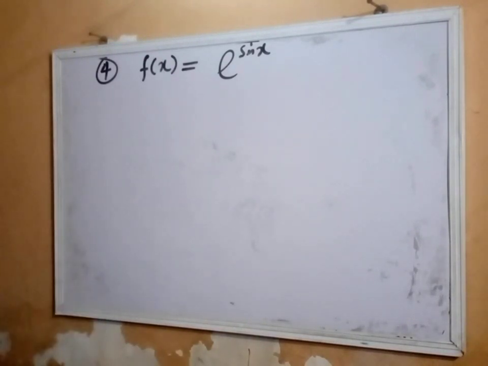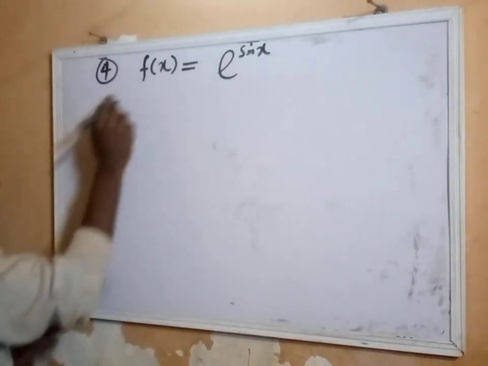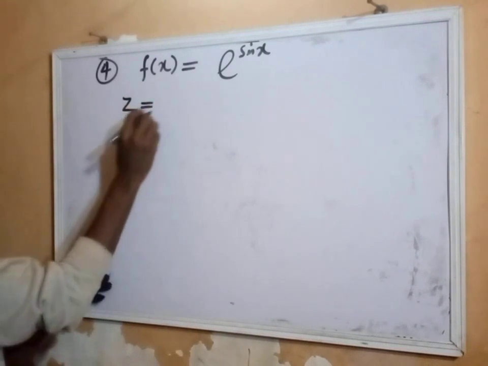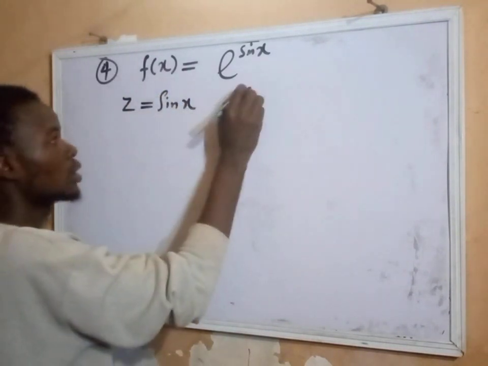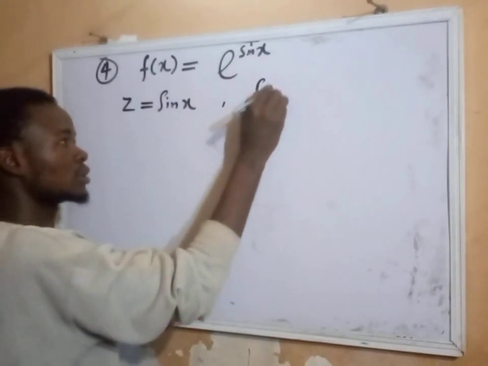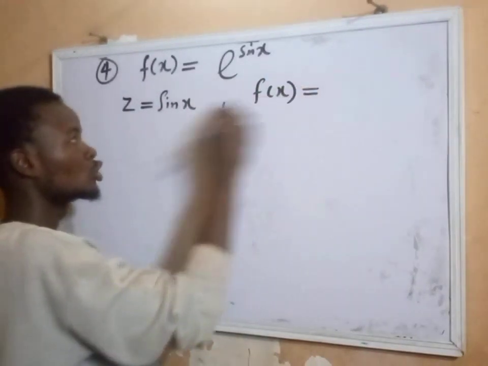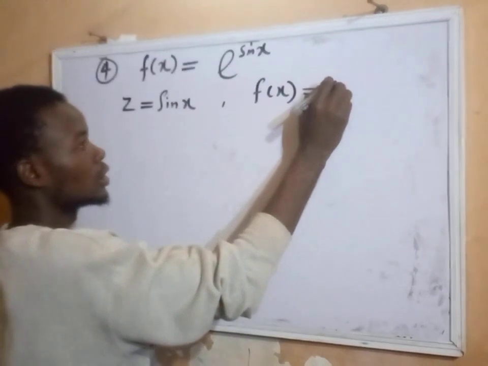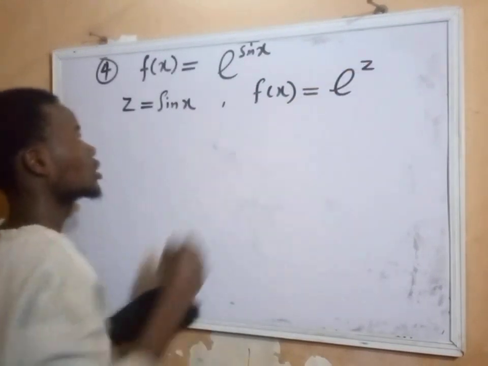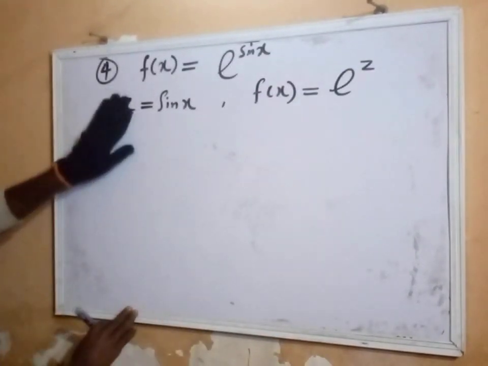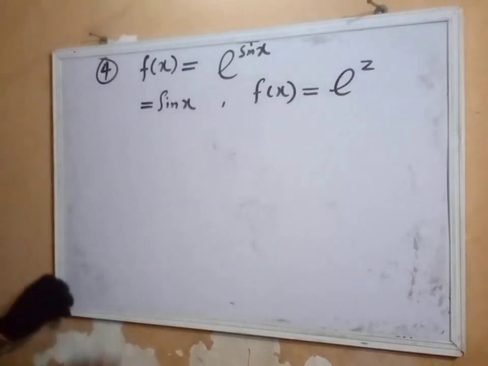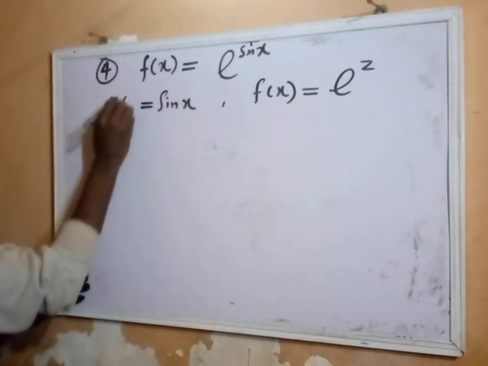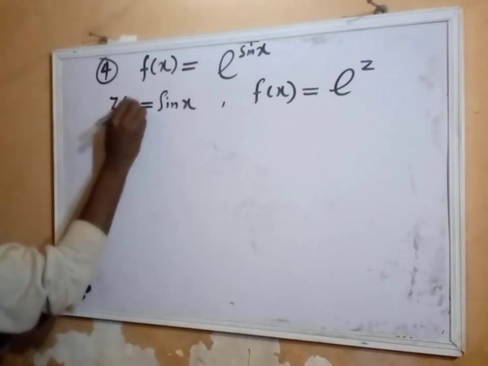To do that is very simple. You apply the same format as, let's say, z equals sine of x, and we are going to have f of x equals exponential of z. Let me be consistent, so I'm still going to apply z of x here.